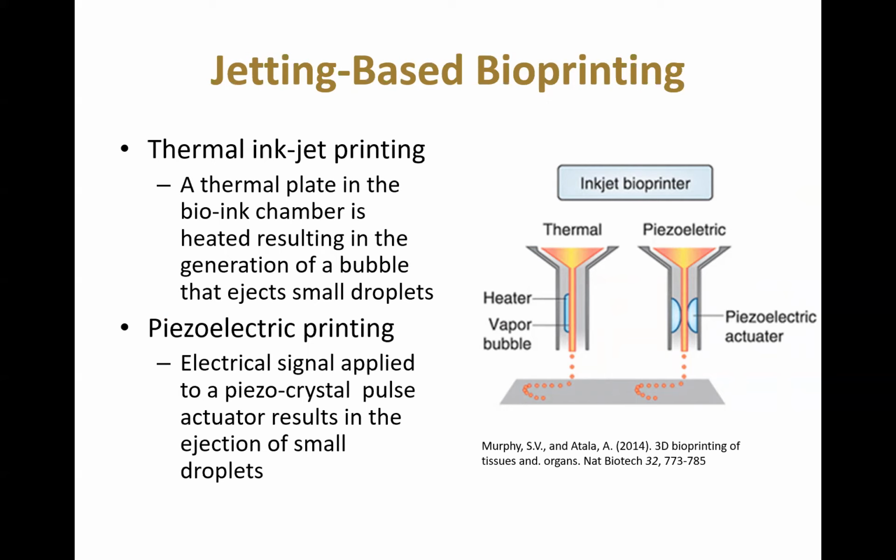The next type of jetting based bioprinting is the piezoelectric printing. And that uses a piezoelectric actuator that vibrates at high frequencies that generates these small droplets of biomaterial that get extruded. And again, you can form a 3D structure in a layer by layer fashion.